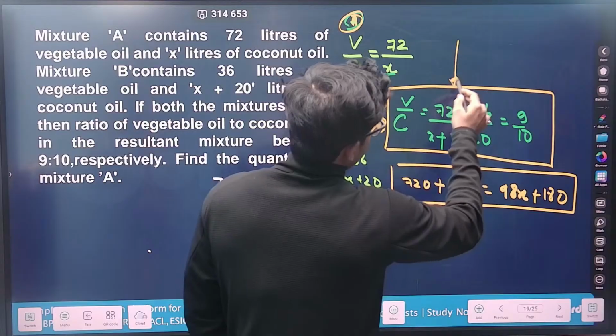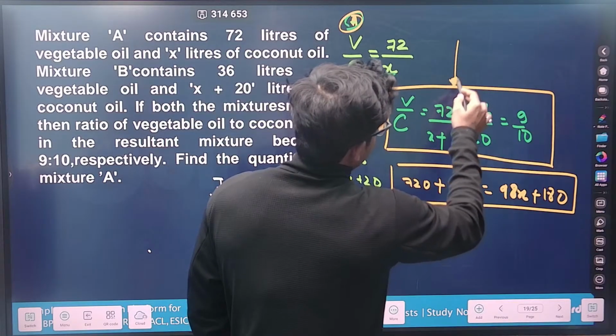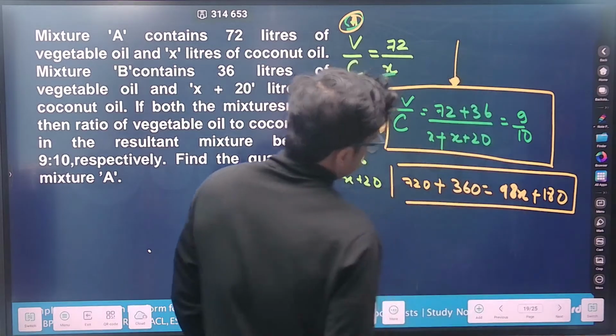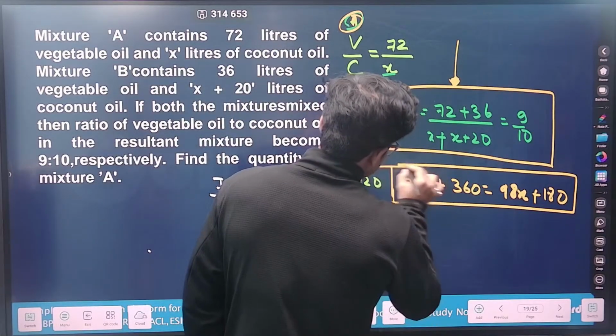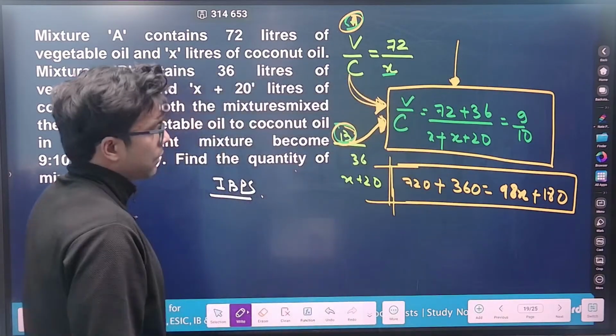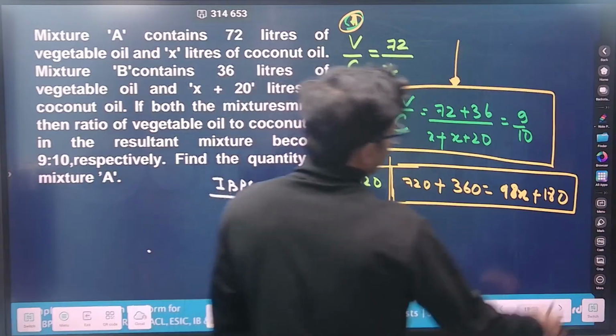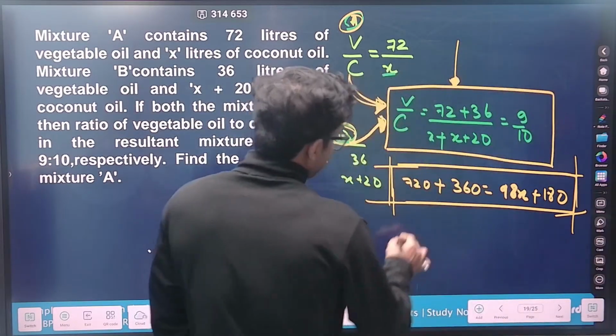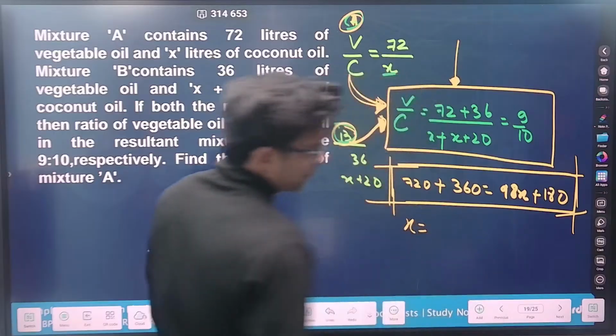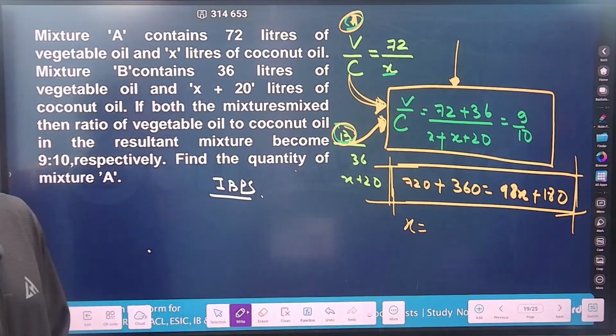This is my resultant, correct? And this is how I got my equation. From here, what is the value of x? I would ask you, the value of x would be how much? This is the question basically.